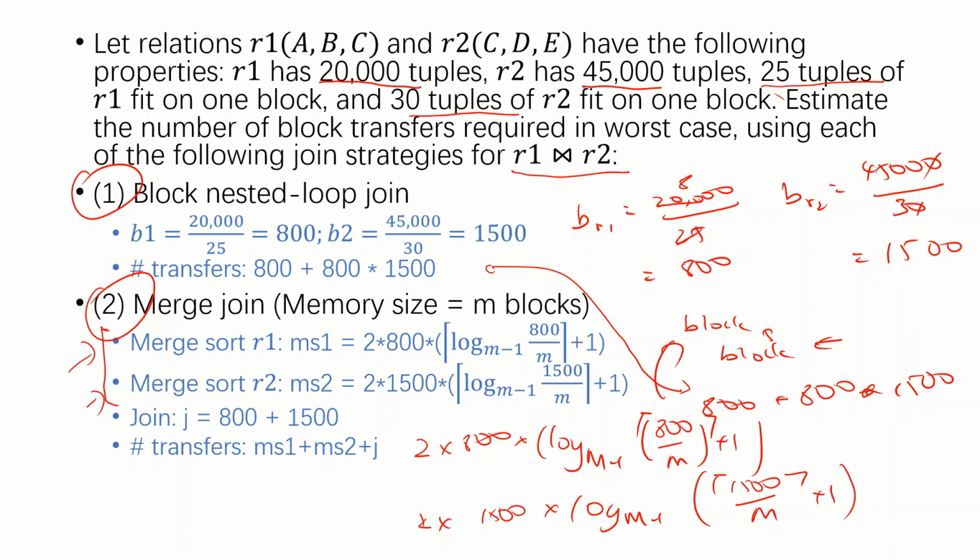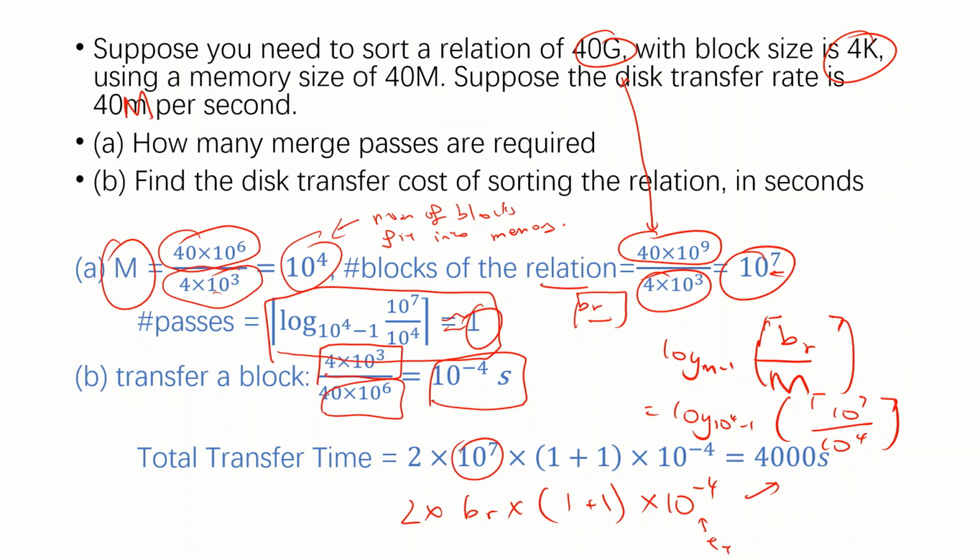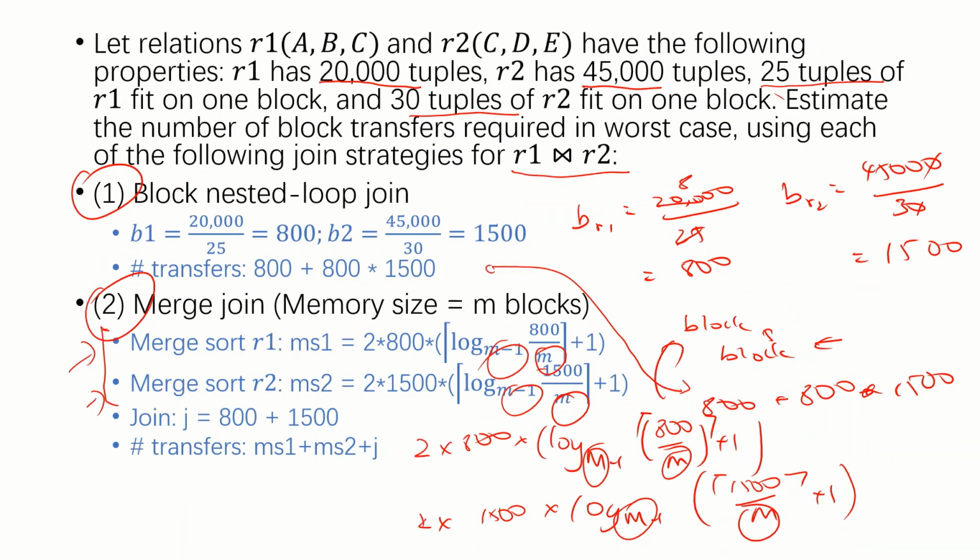We don't have the value of M, and so we will leave it in terms of M in this case. If I were to give you something, you would definitely expect that I will give you the value of M. For example, if we use M equals 10 to the power of 4, it is really the number of blocks that can fit into the memory.